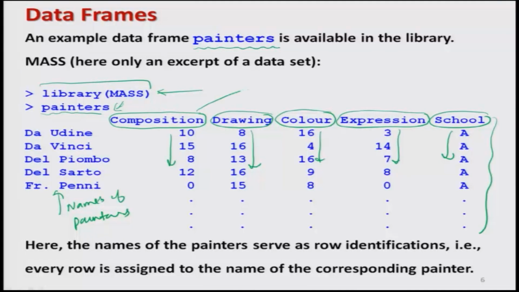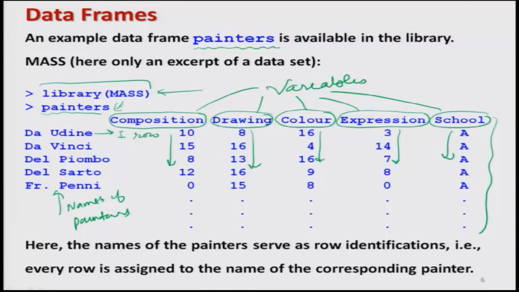First, these are the variables, and the data on any individual painter, for example the first painter Da Udin, is contained in the first row.